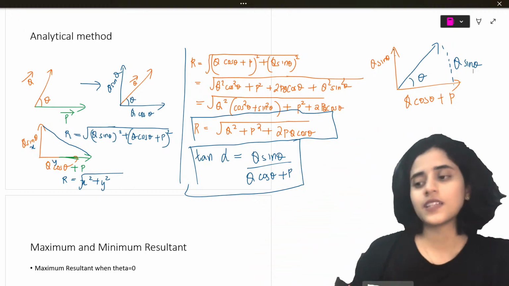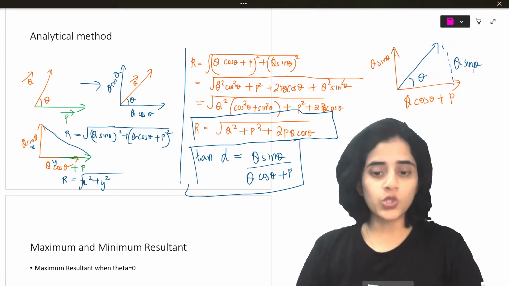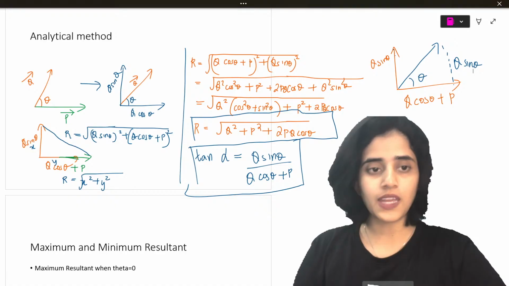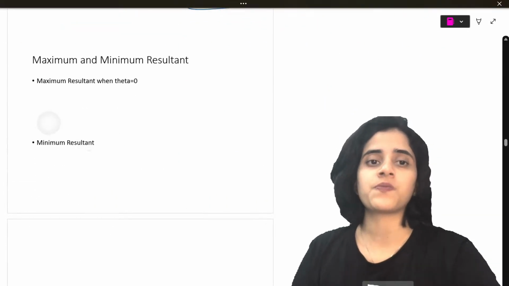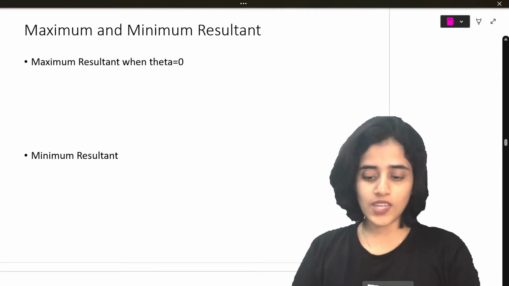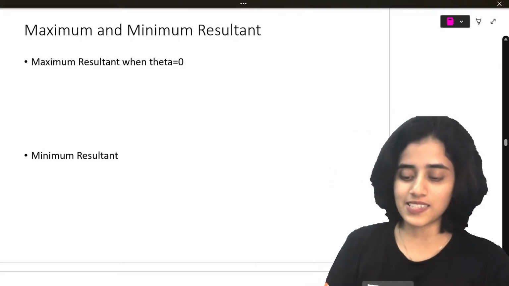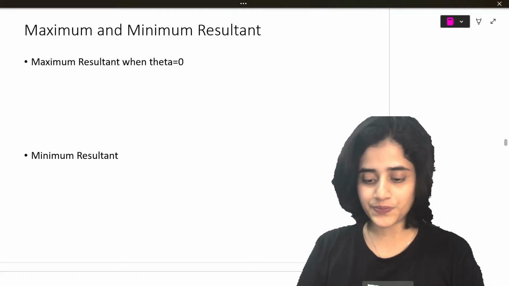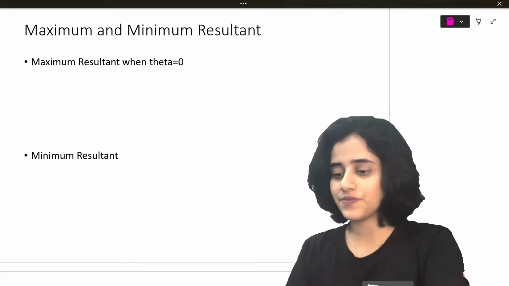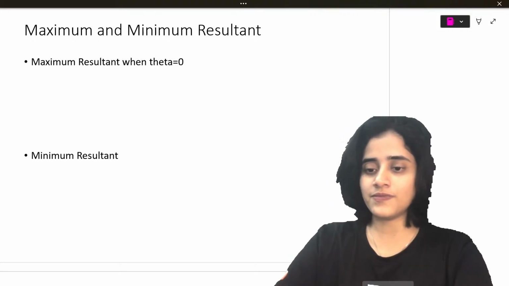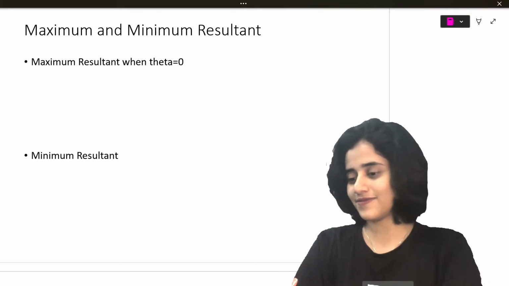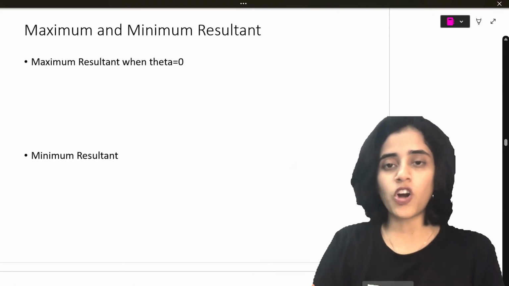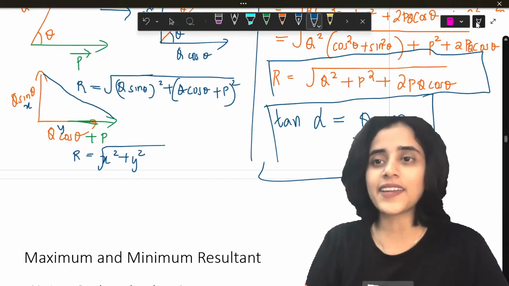Okay, let's move on to the cases where there's minimum and maximum resultant. So what are the cases where there is minimum and maximum resultant? So see, students, you got the formulas, right, for analytical method?